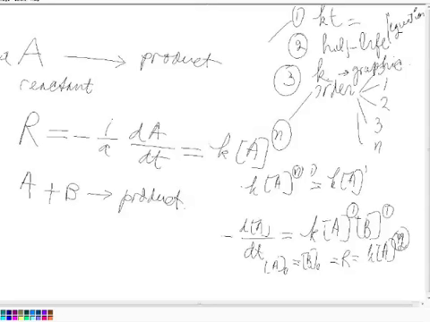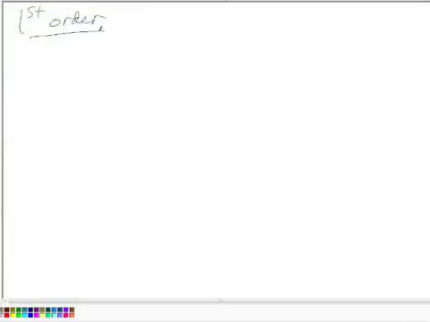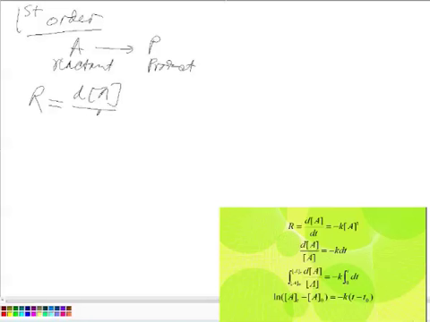From there, let's go to first order reaction. We have the reactant and the product. We can write that R is equal to dA per dt, and that is equal to minus k[A].